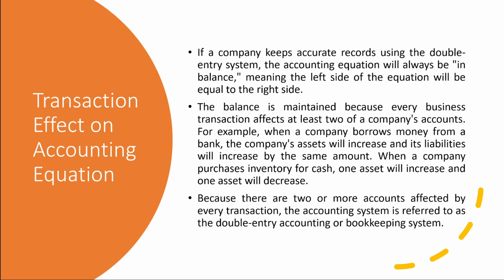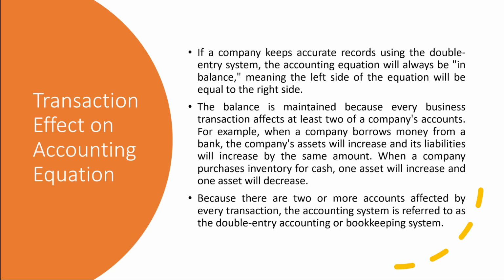Here it says that, for example, when the company borrows money from the bank, the company's assets will increase and its liability will increase by the same amount. So our bank balance will go up, and also our loan, or the money that we owe to the bank, will also go up since we received more money from the bank.